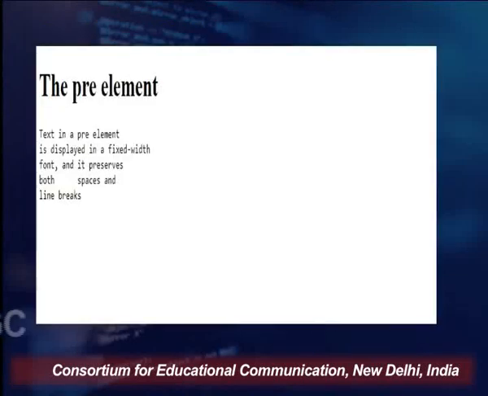So here if you can see, the text which was enclosed inside the pre is having a fixed width font. It is also taking care of spaces and line breaks. Whatever number of line breaks I have given in the HTML file inside the pre tag is preserved here, and you also notice the spaces between the terms "both" and "spaces".